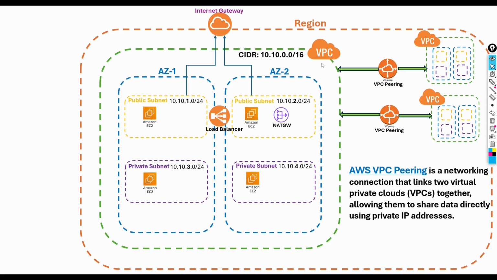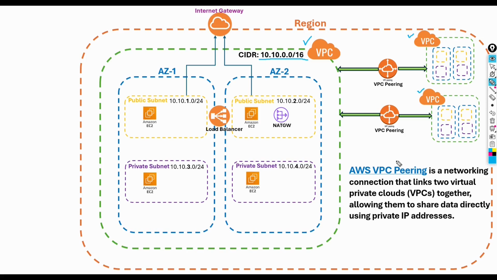So in this example, we have a total of 3 VPCs. This is one VPC, this is the second VPC, and this is the third VPC. Each VPC has its dedicated separate network block. So those VPCs are isolated and separated from each other.